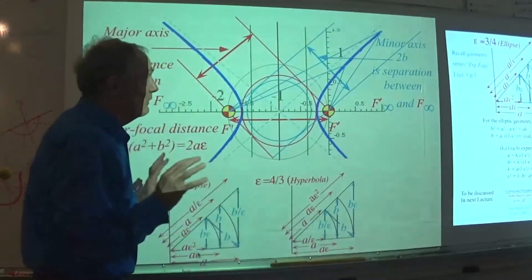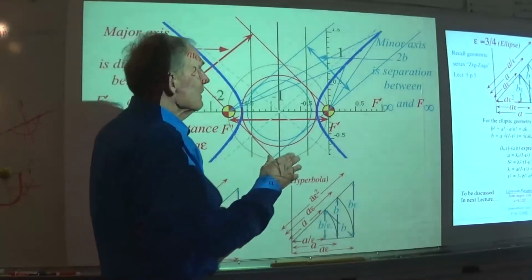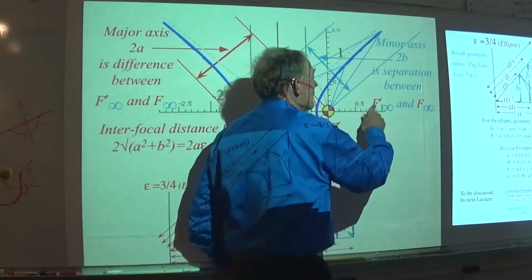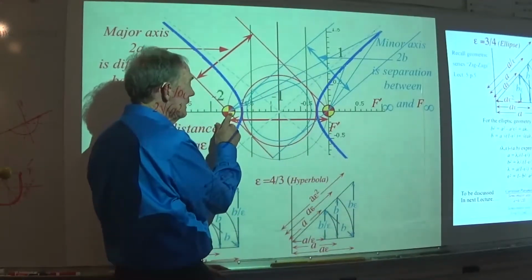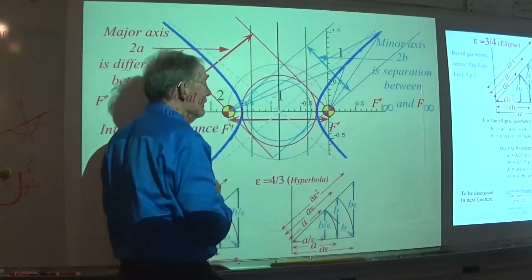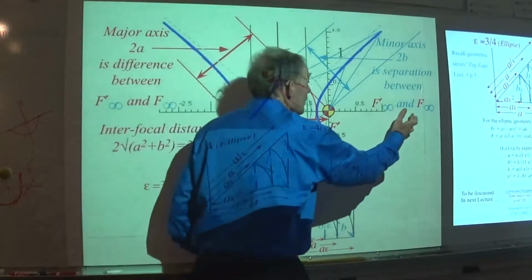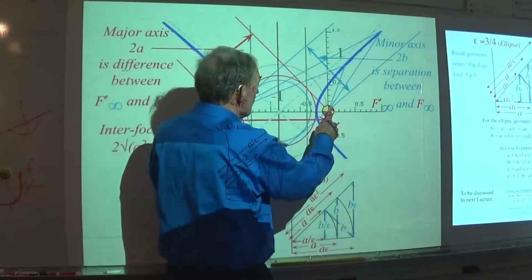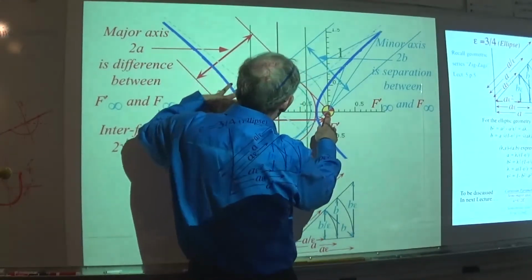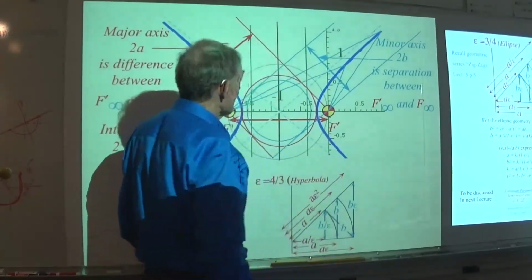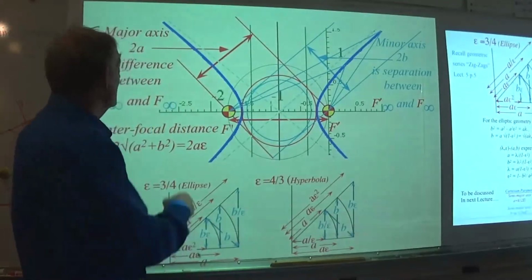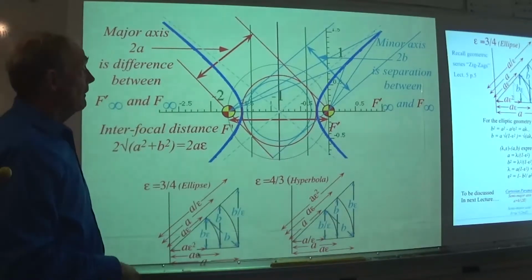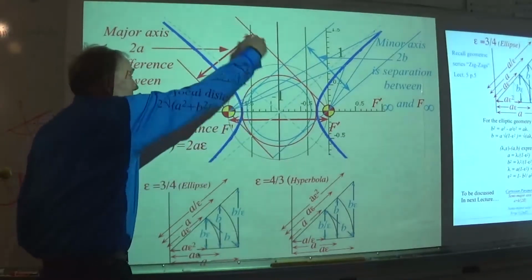So those are ways to look. The 2B is the separation between the focus prime, for infinite string, infinite radius, and the original focus, this guy right here. So the difference is basically right there. That's 2A, the major axis difference between these two lines.